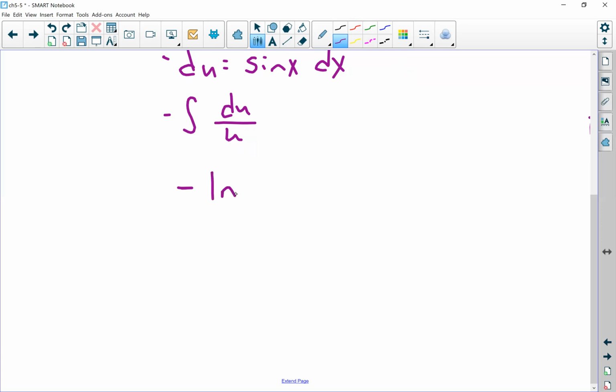Natural log, right? When I take the derivative of a logarithm, I get 1 over whatever I'm taking the logarithm of. Key when you're integrating, when you take an integral and get ln, you're going to put absolute values in, because ln is only defined for positive values.